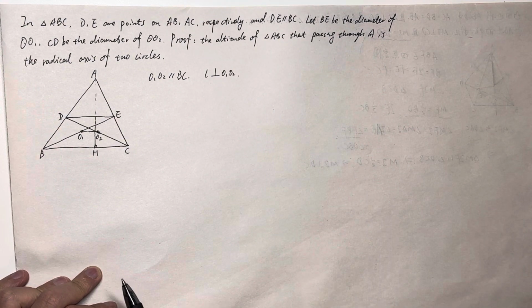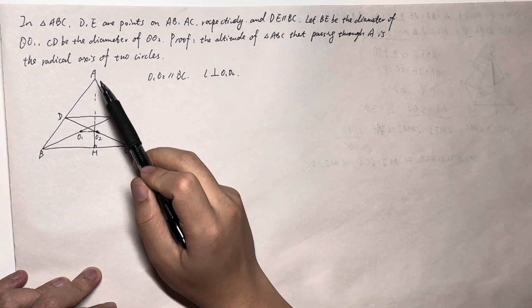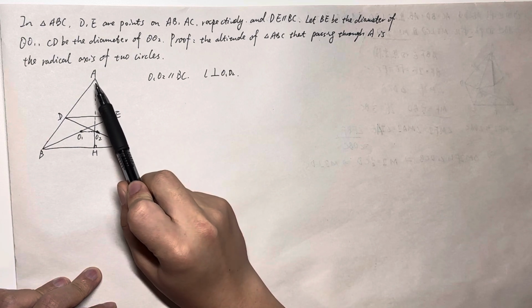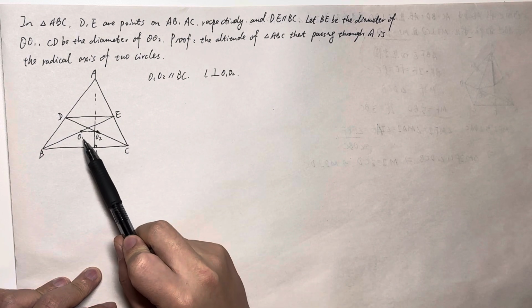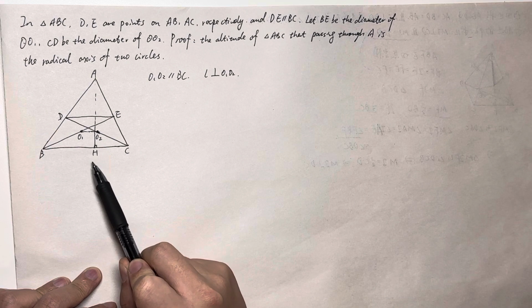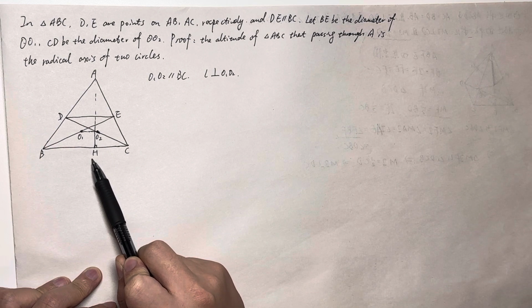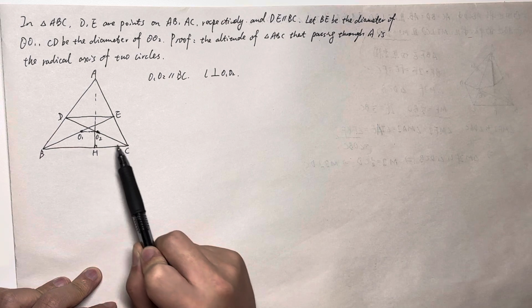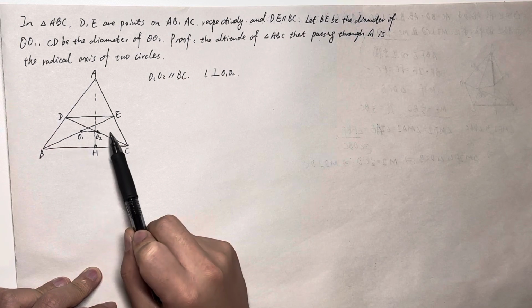Okay, now we just have one problem. We either choose H or A. We just need to prove that the power of A to circles O1 and O2 are equal, or we choose the power of H to circles O1 and O2 are equal.